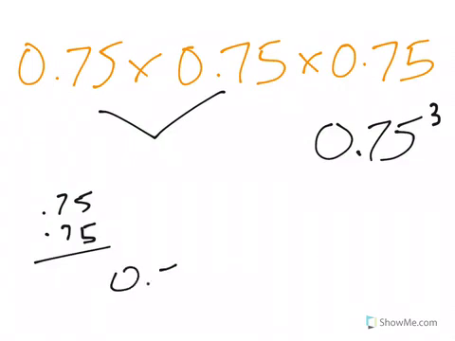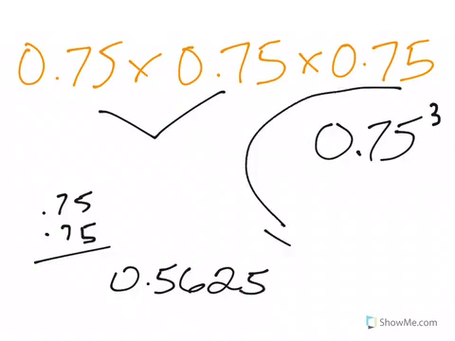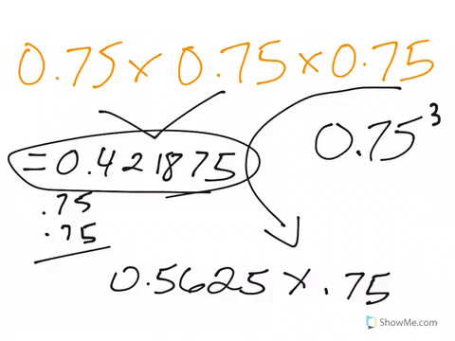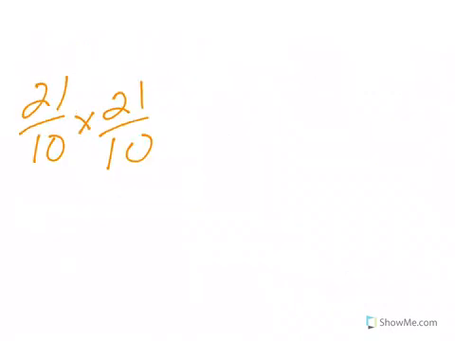That gives us 0.5625, and I still need to bring down my other 0.75, so I multiply that again. So that times 0.75 gives us a really long answer, 0.421875. That's a long one, but that's what the answer is. It is what it is.